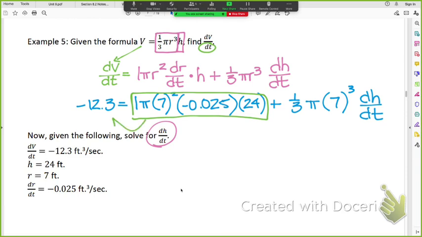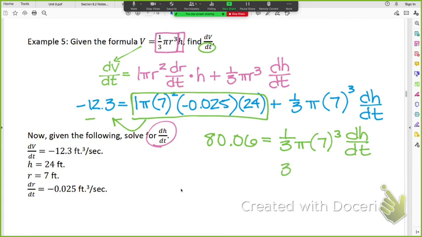So when I subtract all of that to the other side, my calculator gives me 80.06. What do we have left on the other side? 1/3 pi, 7 to the 3rd. Now, because that has a fraction in it, I might type that in and get a number from it. So I might say 1/3 times pi times 7 to the 3rd.